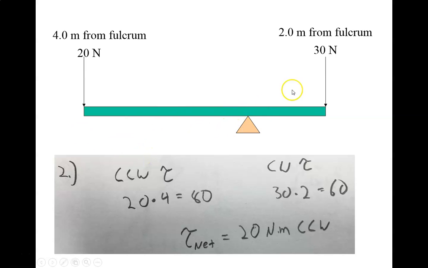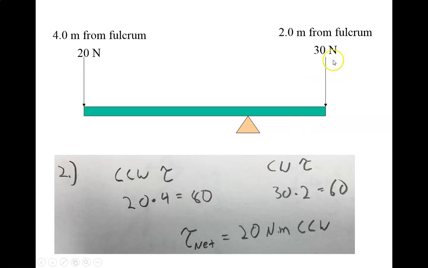So what we want to do is figure out the net torque acting on the seesaw. Let's look at this side right here. This side is going to cause this end to pivot down, which, if it's pivoting over this, is going to be counterclockwise. My lever arm is 4 and the force is 20, so I've got 80 Newton meters of counterclockwise torque.